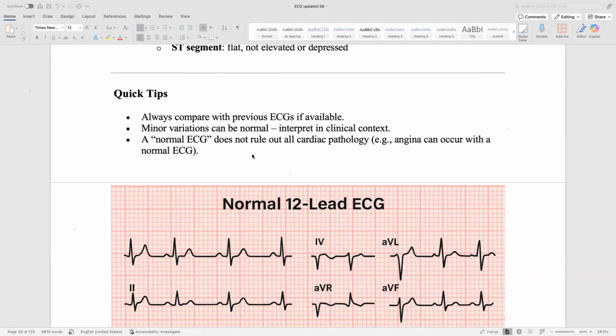For example, if there is an abnormality now in the ECG, we always have to have a baseline in order for us to see what's going on. Example, if you find an abnormality, first thing, you will go to the records and open the old ECG.